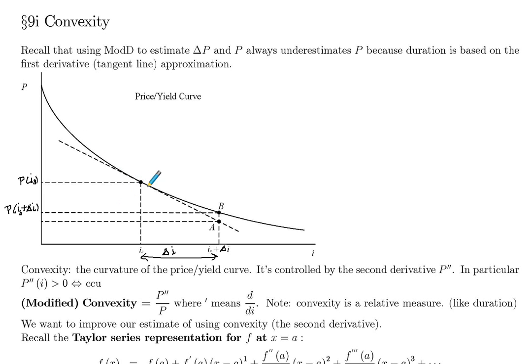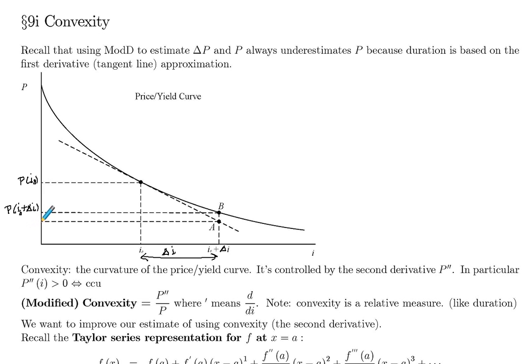So here's the tangent line at the point I0, P of I0. You follow that tangent line down until it intersects the vertical line at I0 plus delta I. That's at point A. So you go from I0 plus delta I up to the tangent line and over, and that was the value that we got from modified duration.